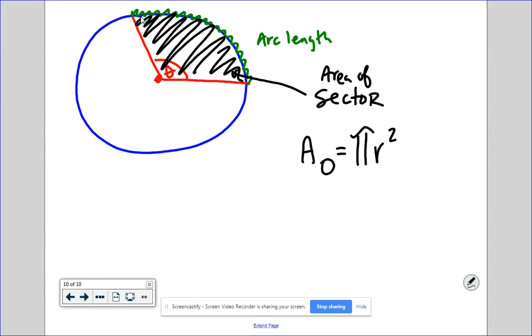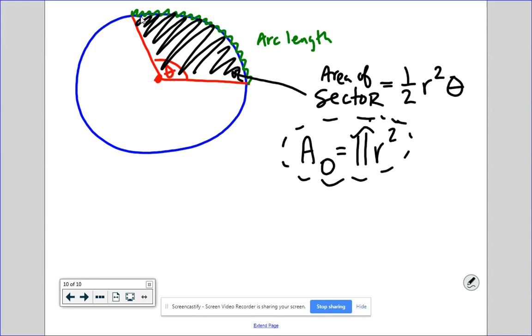So, using that concept, this is if it's a whole circle, not part of it. So, to do a sector, the area of a sector, the formula is 1/2 still the radius squared times theta. So the r squared still comes from this idea.